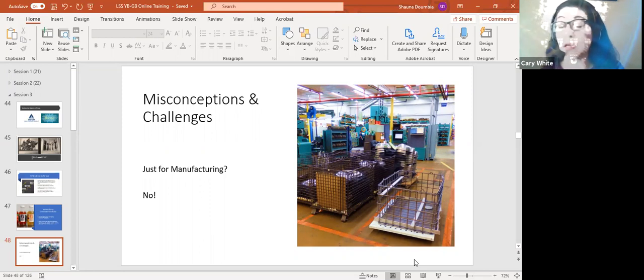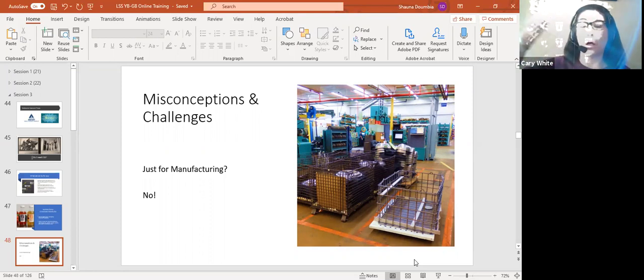And that's incorrect. Quite frankly, I've seen big banks use it. We saw all of those different big companies I put up on those slides previously that do it. Some companies that were not on there, of course, were government agencies, like Health and Human Services. The federal government uses Lean Six Sigma, quite frankly not as much as I would love them to, but they do in pockets, as well as nonprofits.